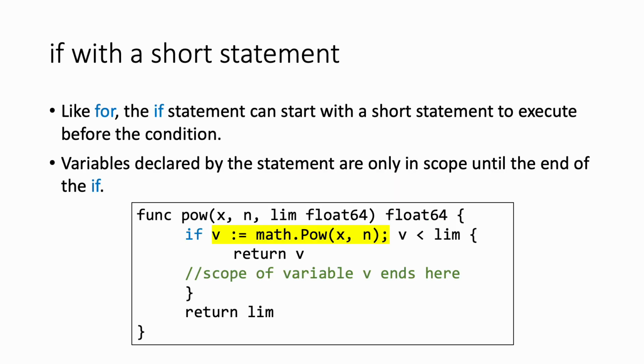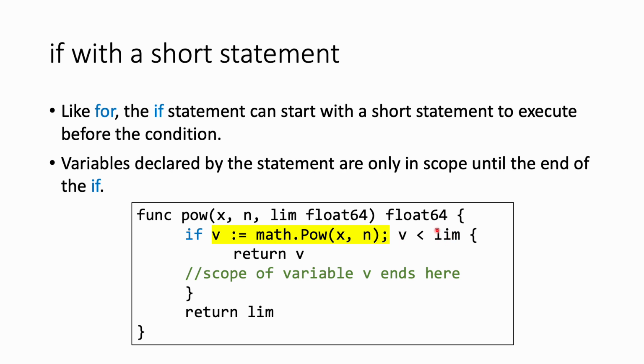Like the for statement, the if statement in Go can start with a short statement to execute before the condition. And note that variables declared by that short statement are only in scope until the end of the if statement. For example, here we define an if statement with the condition v less than lim.